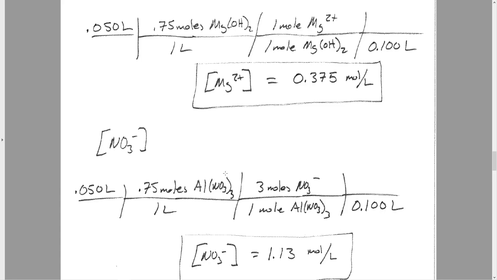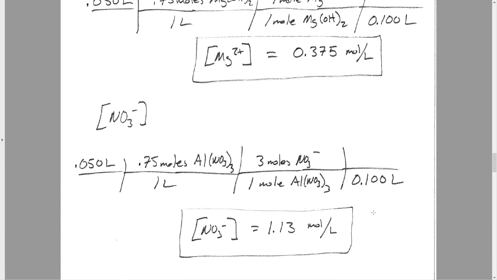But that's moles of the entire solute, which is aluminum nitrate, and I want moles of just nitrate. So I have to recognize there's 3 moles of nitrate for every 1 mole of aluminum nitrate. I do the math there, and that gives me moles of nitrate that I started with. And because it was a spectator ion, that's how many moles I finished with, okay? And then I divide by the volume, okay?